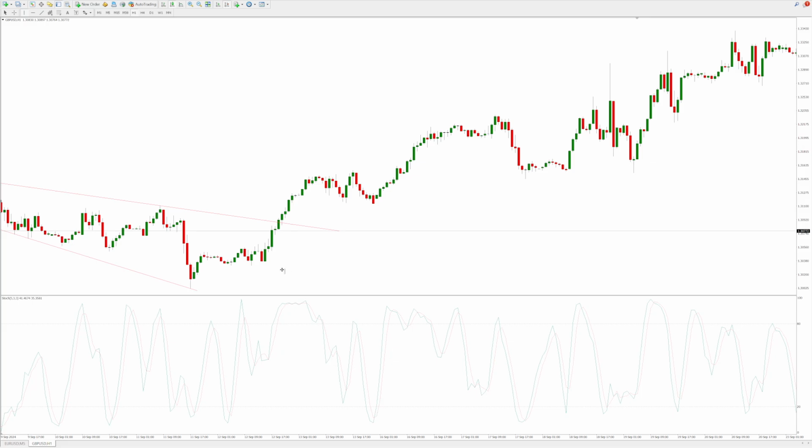The opposite is true for a sell trade. Crossover in the overbought zone of the main line and the signal line in a downwards direction suggests that the market might be turning.